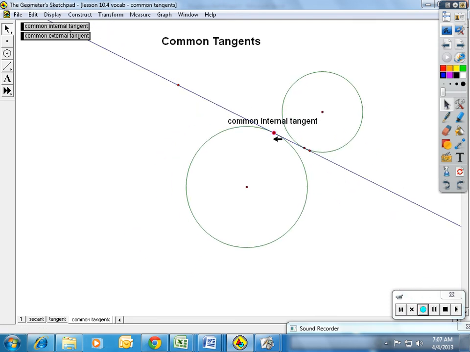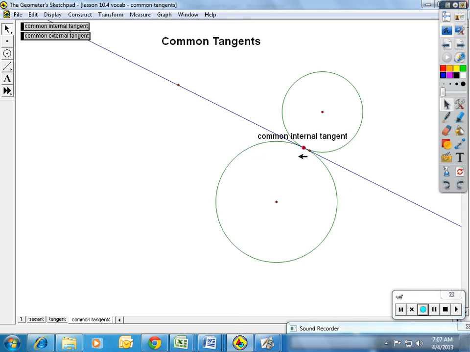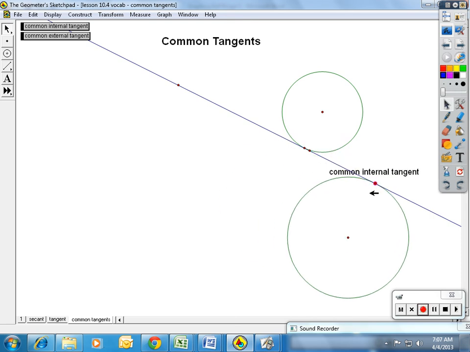I could slide this over. Those two circles could be tangent, but they might not be tangent. These two circles may not be tangent, but they are tangent to a common line. We would use the description internal because this line is going in between these two circles.